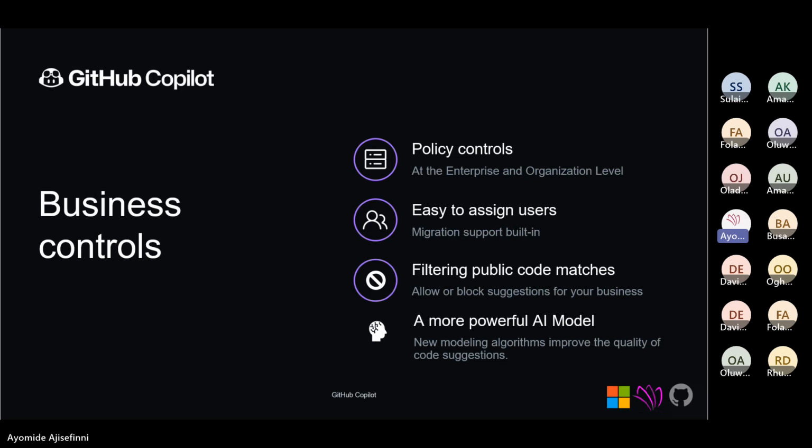So when I come to business controls, I believe that there is also a part where people worry, my organization has some data privacy issues. I don't want this, I don't want that. We have all that under control, right? So you can even turn off the suggestions that come from the public interfaces, right? And you can also get a superior model of AI when you have it integrated in your organization.